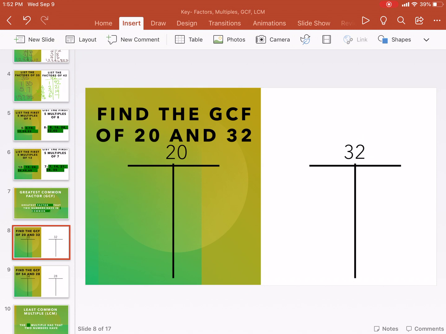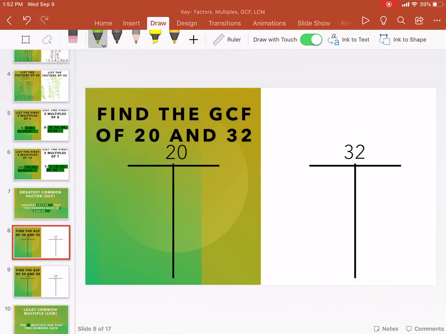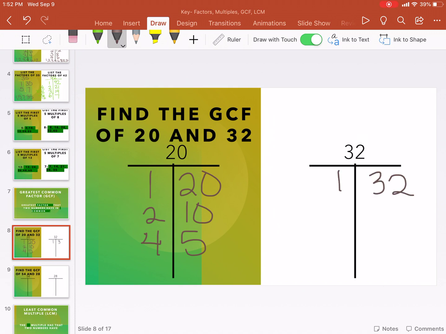So here we go. Let's start with this one. Let's list our factors. 1 and 20, 2 and 10, 3 doesn't work, 4 and 5, okay? Let's do 32. 1 and 32. 2 is going to work because it's even.